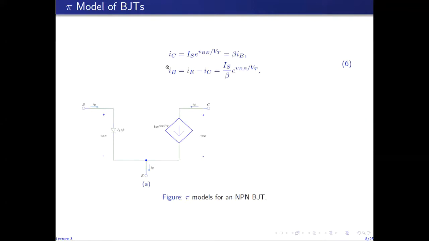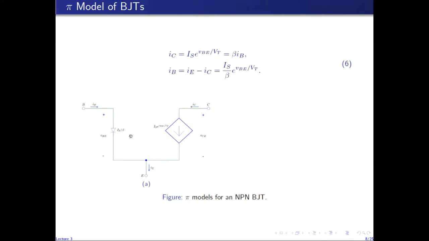Since the base current is given by saturation current divided by beta, we assume that this diode representing the forward biased emitter base junction has a scale current of IS over beta, because it carries IB instead of IE.